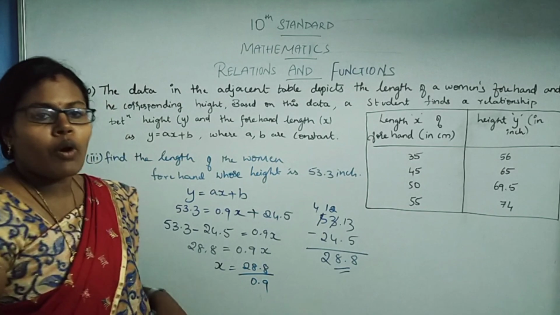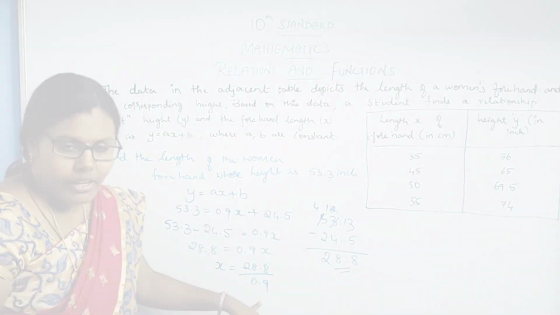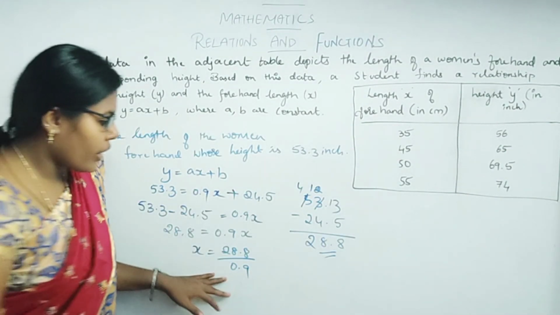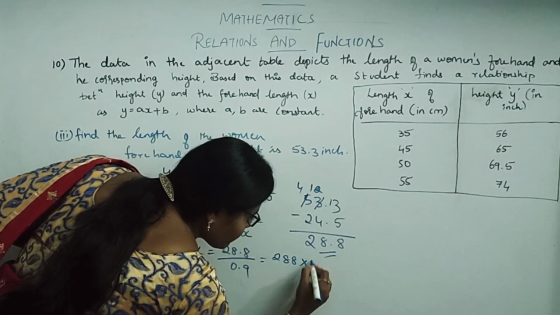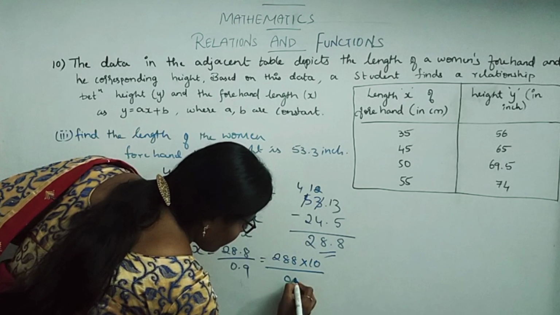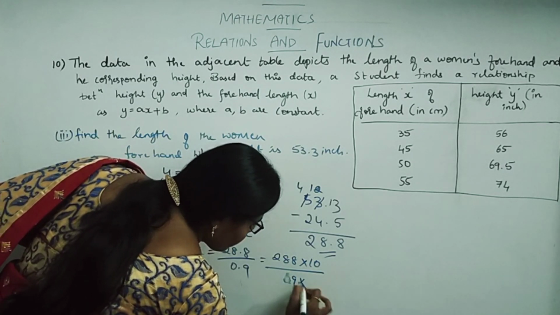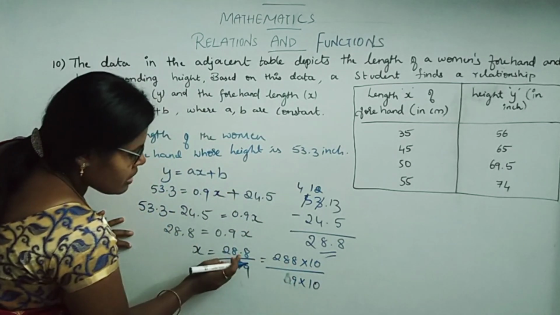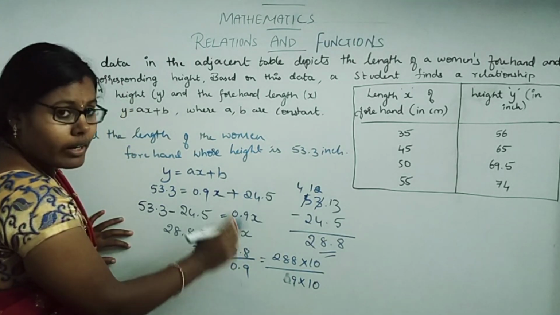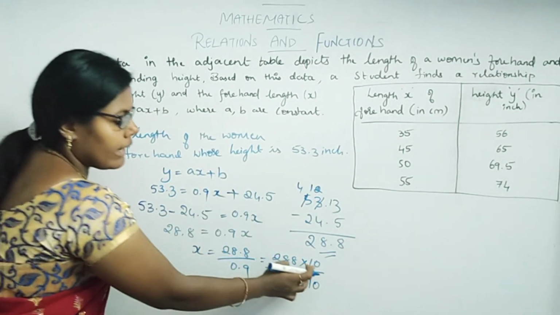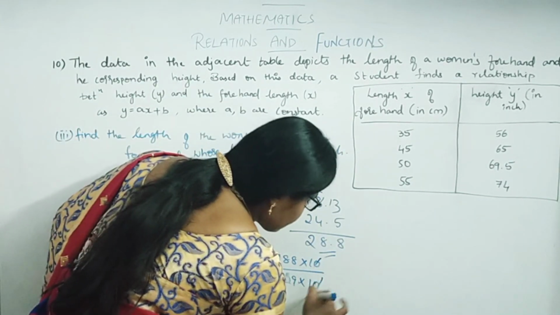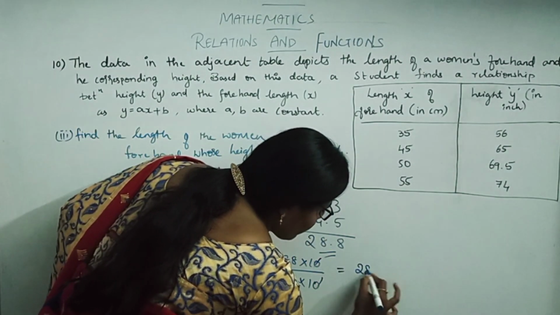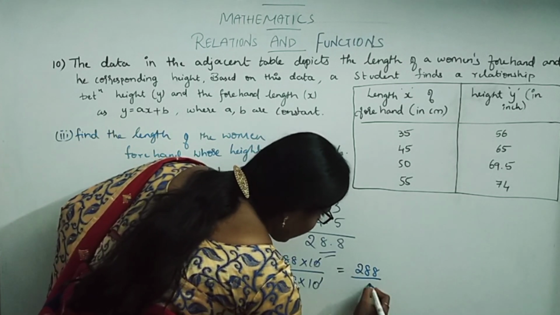We have to remove these points. To remove the point, I'll multiply by 10, because there is only one digit after the decimal. So the 10s get cancelled and you get 288 divided by 9.